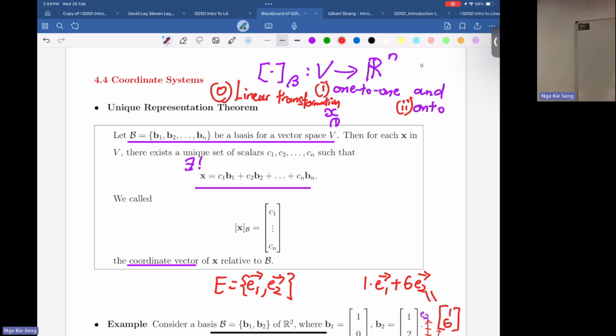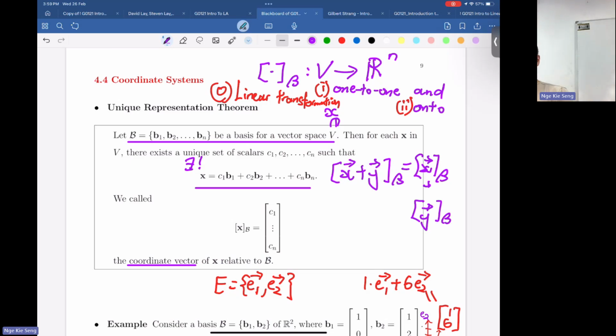What is linear transformation? Basically, it's just a function that does two things. One is preserving addition. The other is preserving scalar multiplication. Preserve means what? If you put x plus y inside this map, it is equivalent to doing this map on the individual elements first and then adding them up.